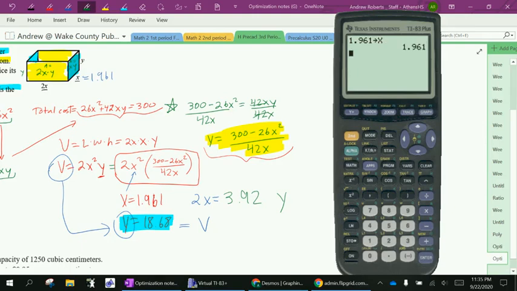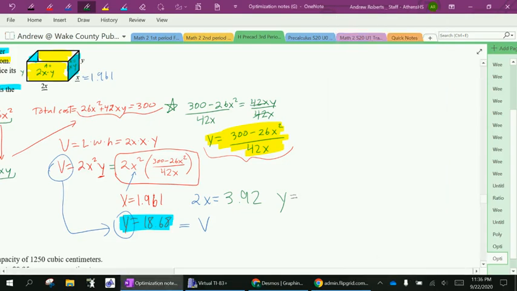That way, all I have to type in is 300 minus 26x squared divided by 42x. And it saves a decent amount of time. I get 2.43. So I have my dimensions, 1.961, 3.92, 2.43, which is kind of my height, and I'm done.